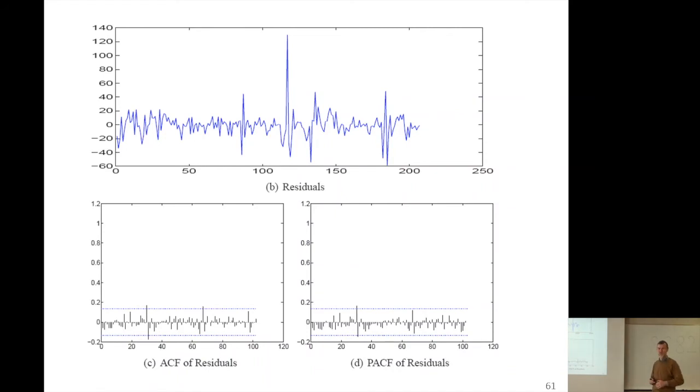I would criticize something else here. Exactly. The residuals seem to have a heavier tail than Gaussian. So the residuals, if my modeling is correct, those autocorrelations should be negligible with respect to the bars, which is almost true here.